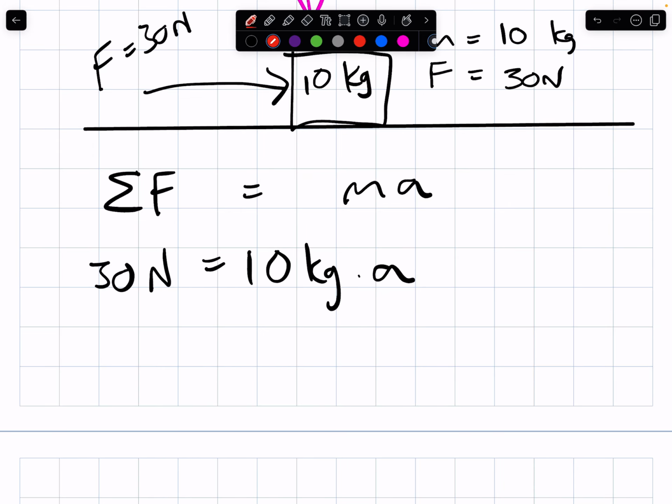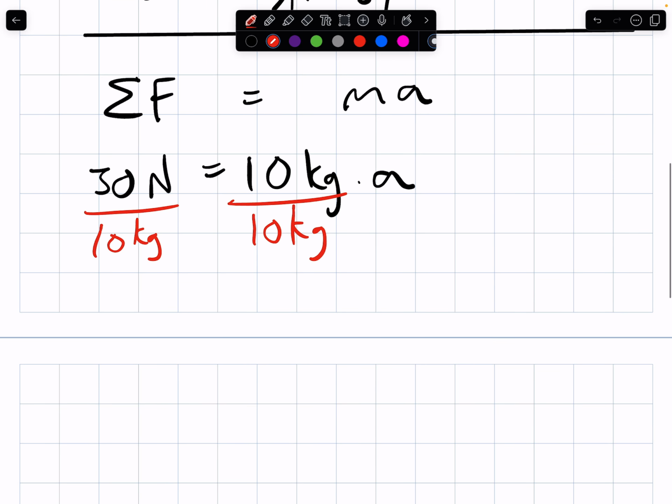Divide both sides by 10. On the left, 30 divided by 10 is 3, and a newton divided by a kilogram, believe it or not, is a meter per second squared. On the right, this 10 kg over 10 kg cancels out.